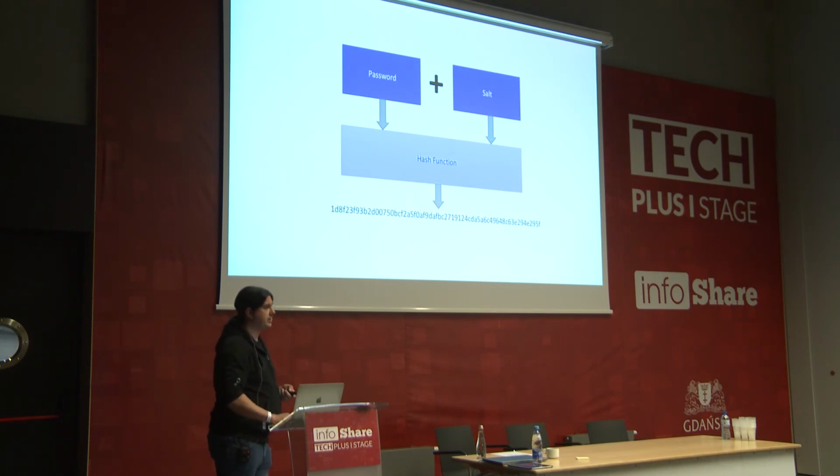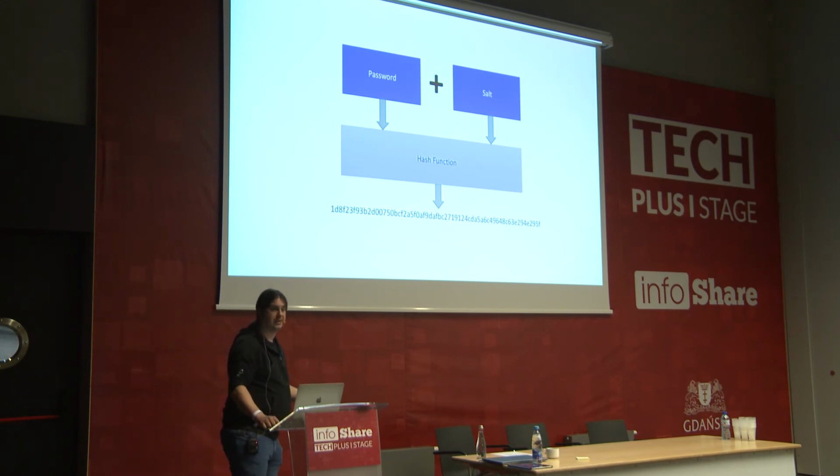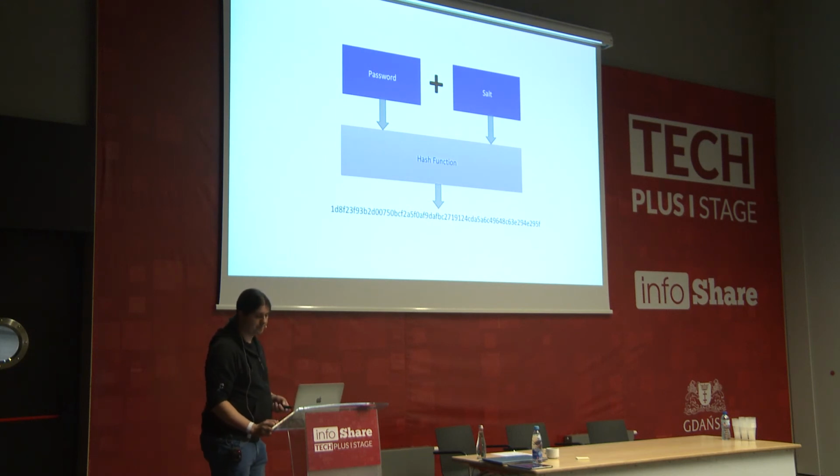You pass both into your hashing function, and then you get your hash password out. This is better than normal hashed passwords, and at the moment it's probably very secure. But the problem is, as GPUs and CPUs are getting faster, tools like Hashcat can start crunching billions of these per second, and that's only going to get faster. So what might be a protected salted hash password now, in 5 years' time, could be compromised, or maybe sooner.